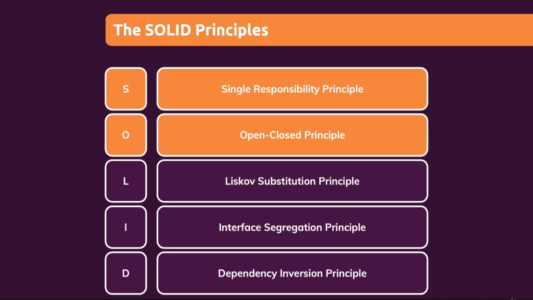Now, I did mention that especially the single responsibility principle and the open-closed principle help us with writing clean code. Now, in the context of the single responsibility principle, which we just had a look at, why would that be the case? Well, basically for the same reason as before. The single responsibility principle is about keeping classes small.